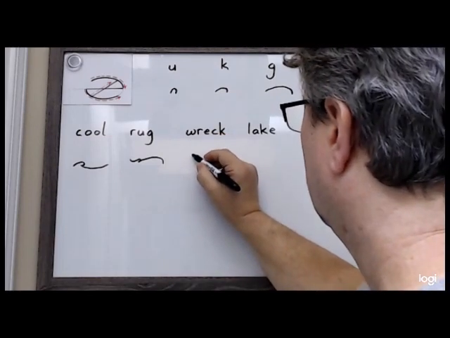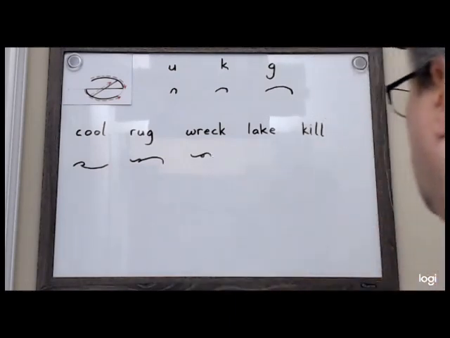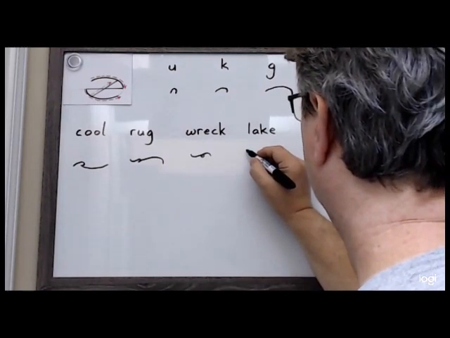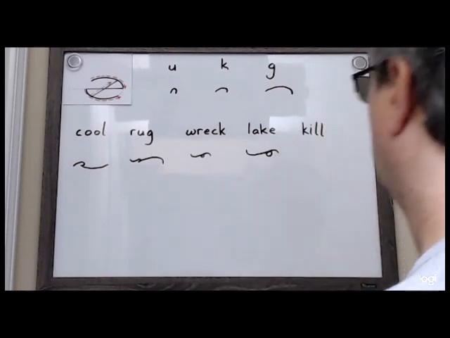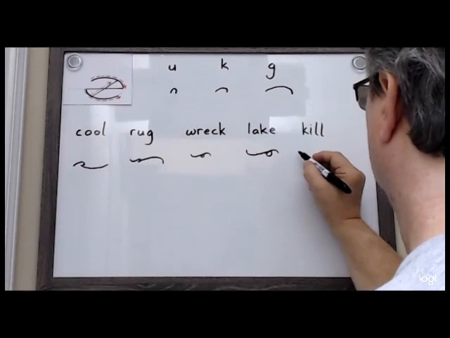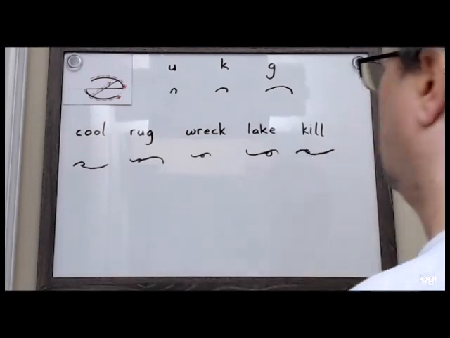So this will be R-E-K. Then the next word is the word lake, and this will be L-A-K. Then the word kill will be the letters K-I-L.